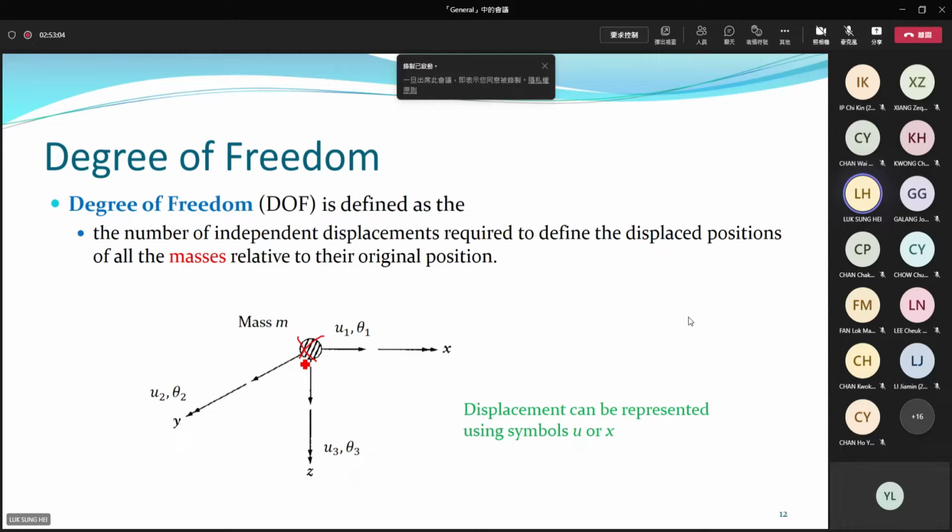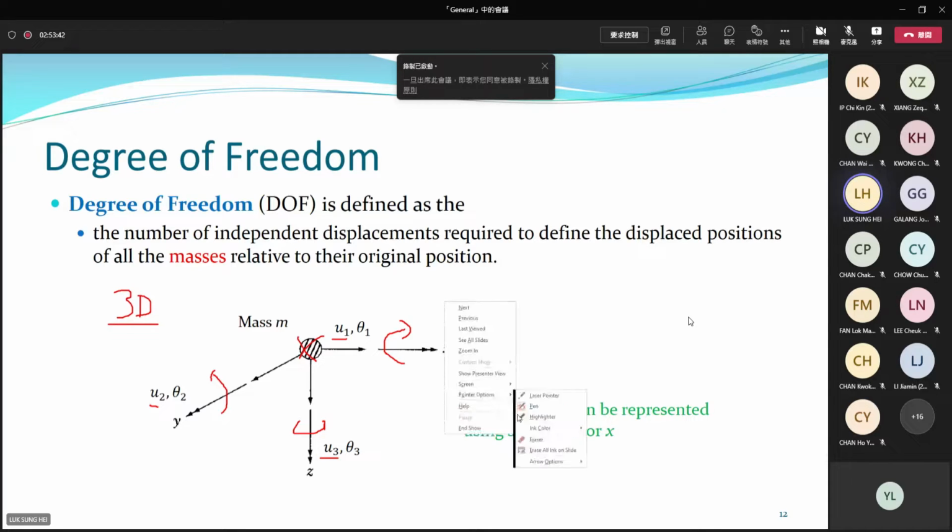We describe degrees of freedom at the location of the mass. In general, for our 3D problems, 1 mass, 1 node has totally 6 degrees of freedom. 3 translations, U1, U2, U3: it may translate horizontally, vertically, or in this other direction. It may rotate about the X, Y, and Z directions. Translation and rotation, just like the Sylvus method.